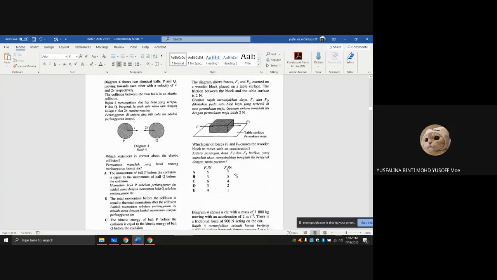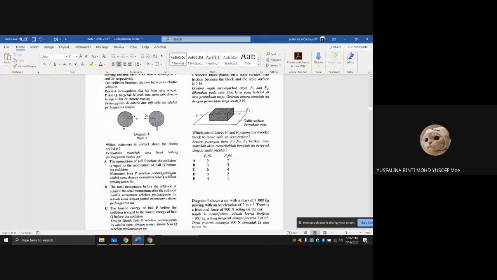Okay, and then this one, diagram 4 shows two identical balls, P and Q, moving towards each other with a velocity V and 2V. The collision between the two balls is an elastic collision. So which statement is correct about the elastic collision?